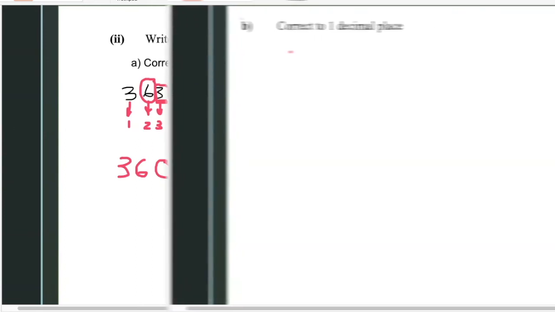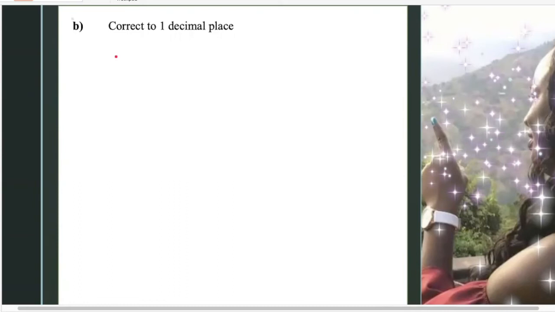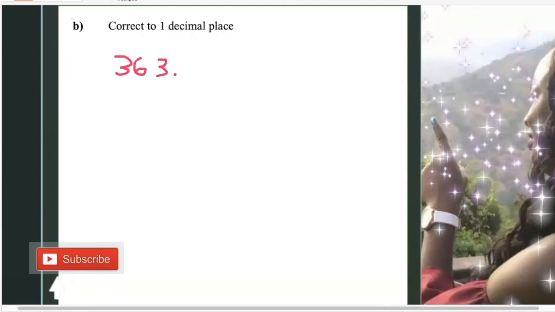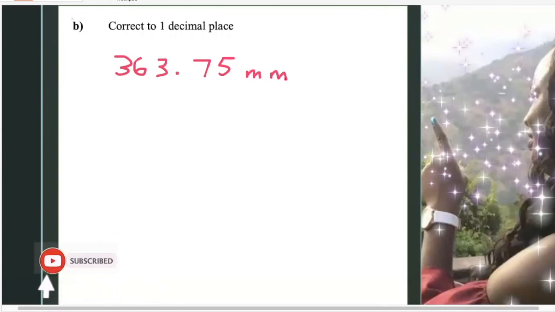One decimal place. So the next part asks us to change it to one decimal place. Remember, we're doing the same question, 363.75 millimeters. So for this, decimal place means behind the decimal point. So this is my first decimal place, which is 7. So that means I will look at the number that's behind it.